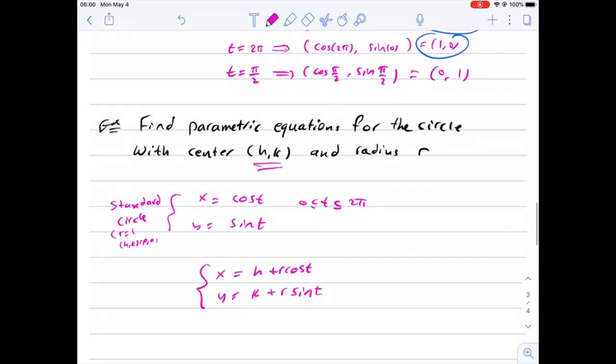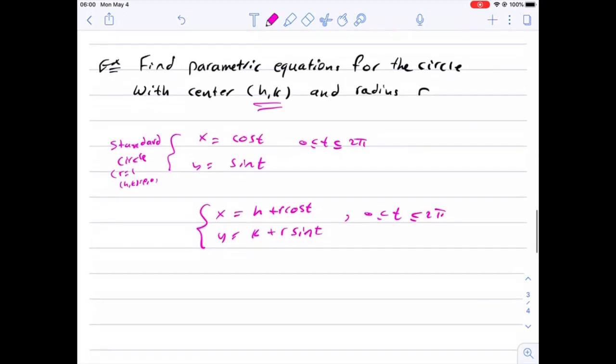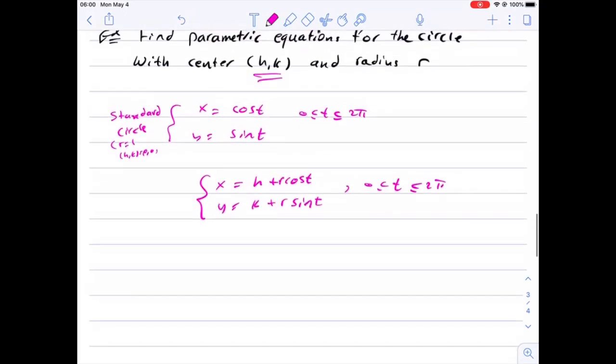This is a general form for a circle using parametric equations, where t is between 0 and 2 pi. And when we represent this, we may get some circle here, so it's not centered at the origin.